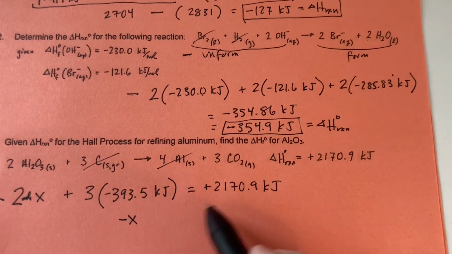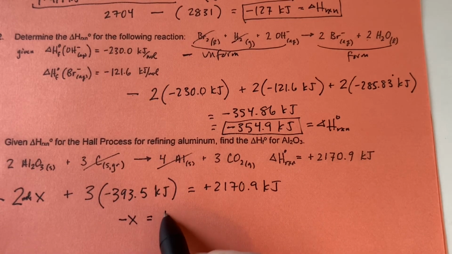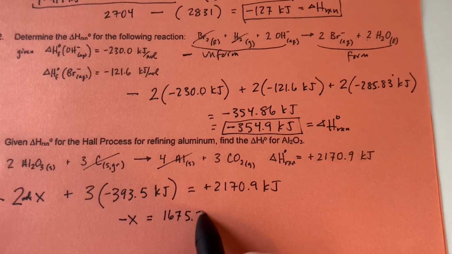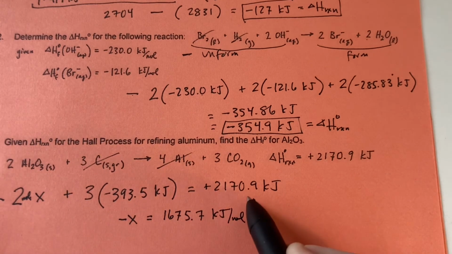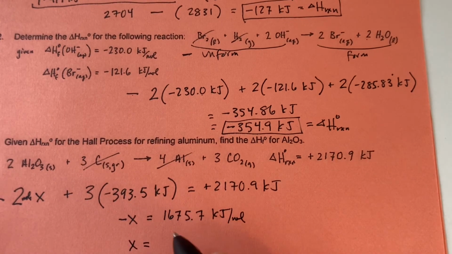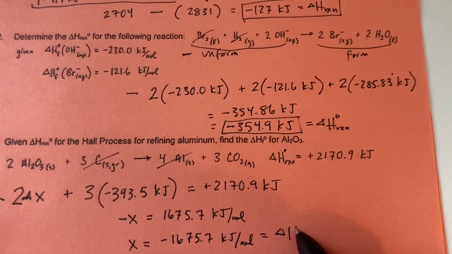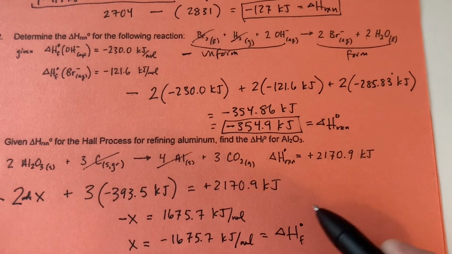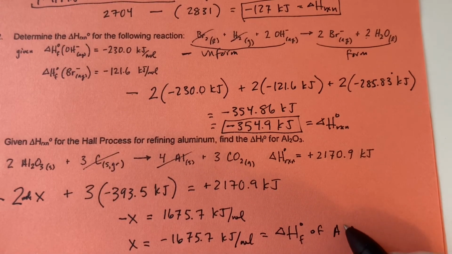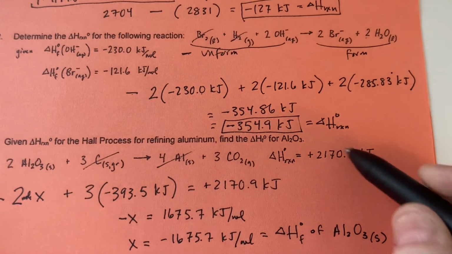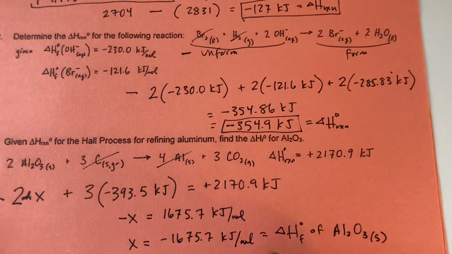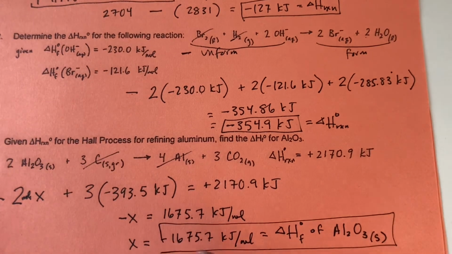We're going to have to divide by 2. Negative X comes out to be 1675.7 kilojoules per mole because I'm dividing by the 2 moles. So that means X is negative 1675.7 kilojoules per mole, and that is delta H of formation under standard conditions of aluminum, this particular aluminum oxide, given this data. So there's our answer.